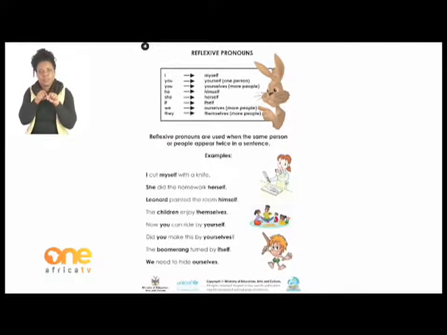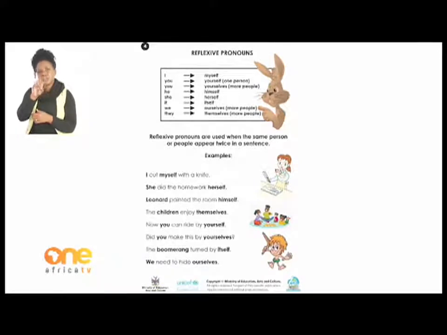I is an example of a personal pronoun, but when we have to refer it to a reflexive pronoun, it becomes myself. Quickly, before we come to the example, I want to highlight one important thing, and that is a reflexive pronoun usually ends with self or selves.